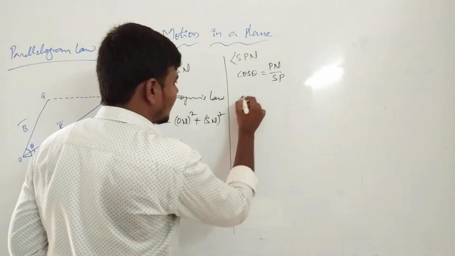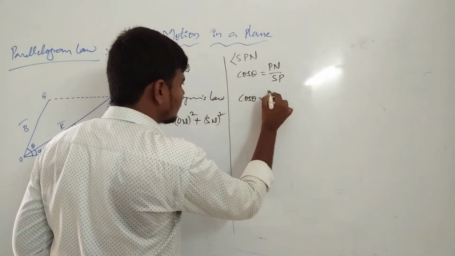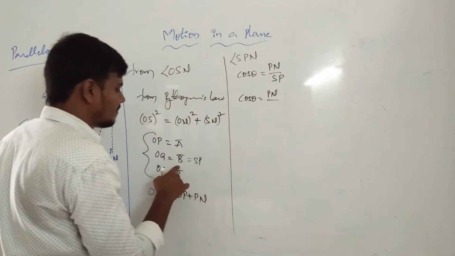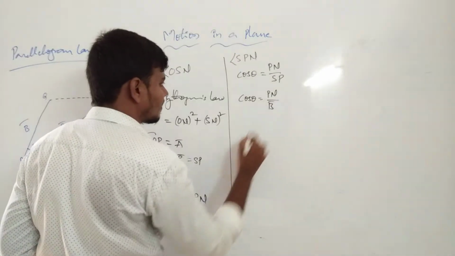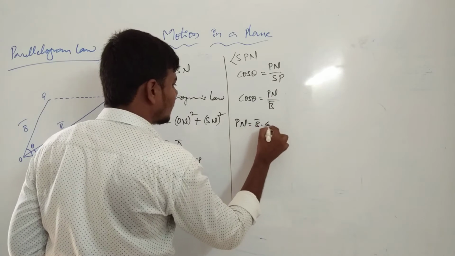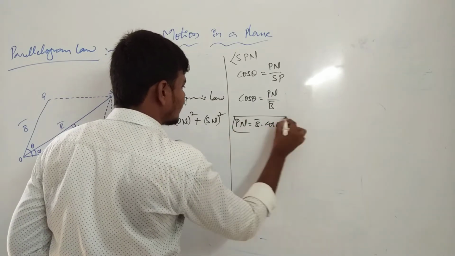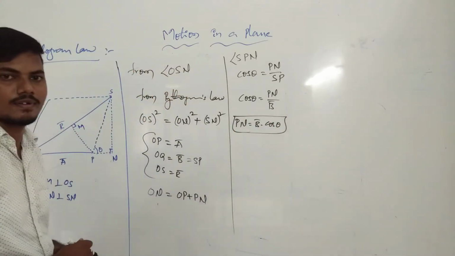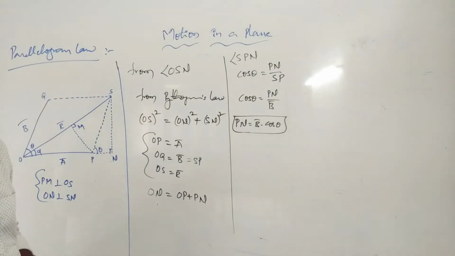V1. So cos theta is equal to PN by SP, meaning V1. Now PN is equal to V bar into cos theta. This is the PN function.